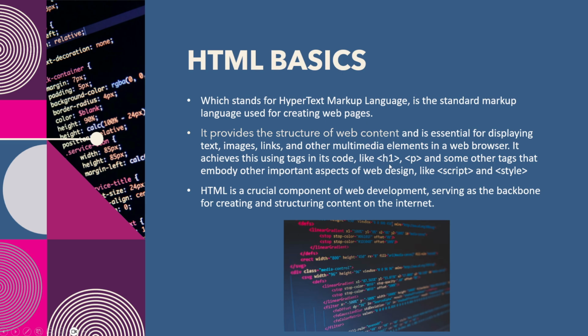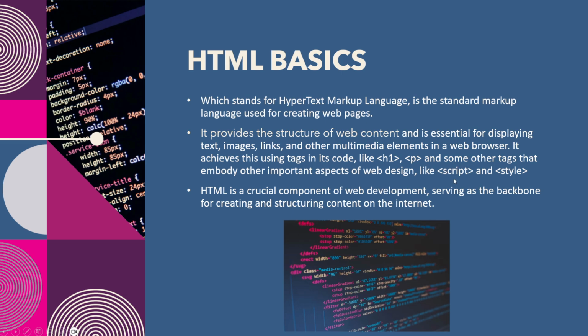For example, h1 could be your first header in a document, and there's also h2, h3, and so on in order to represent multiple headers. And p stands for paragraph.